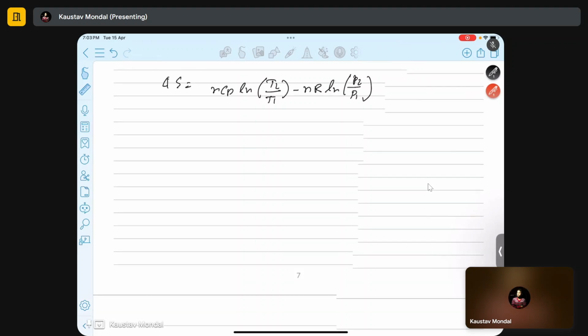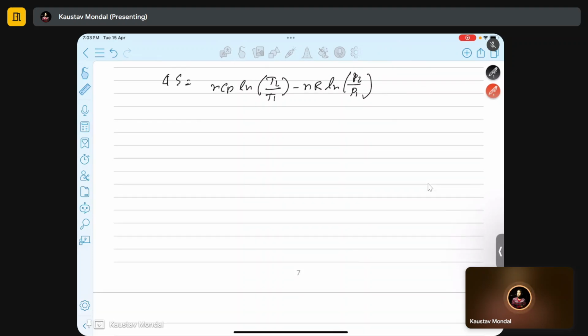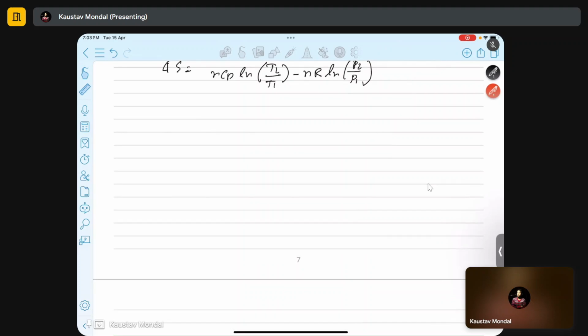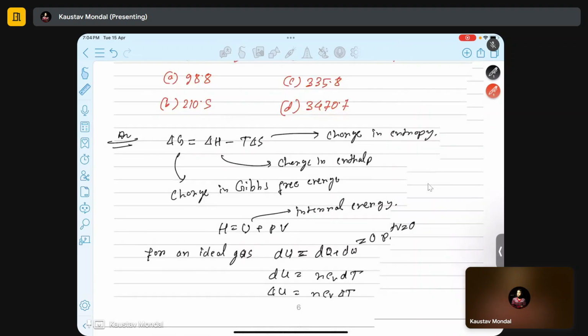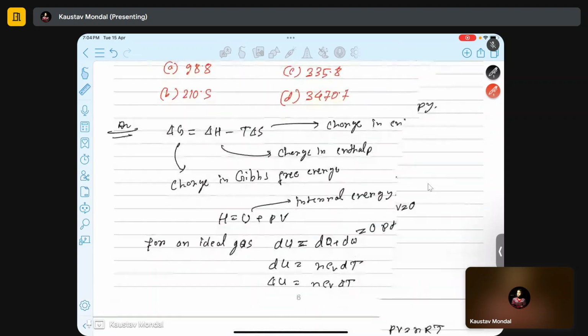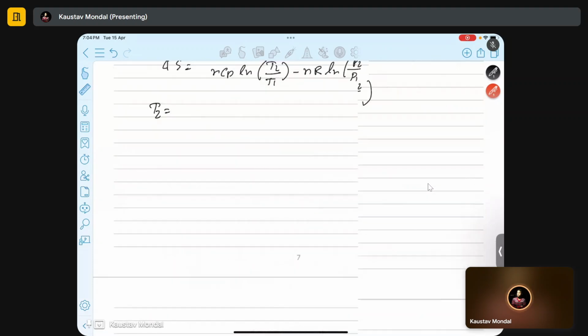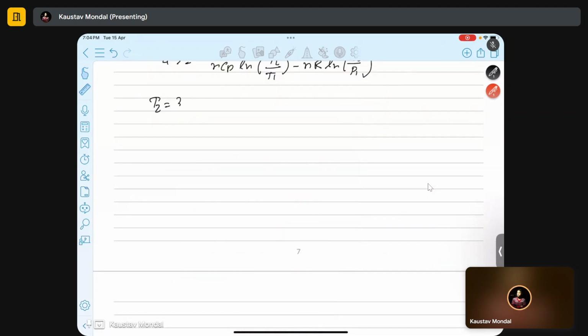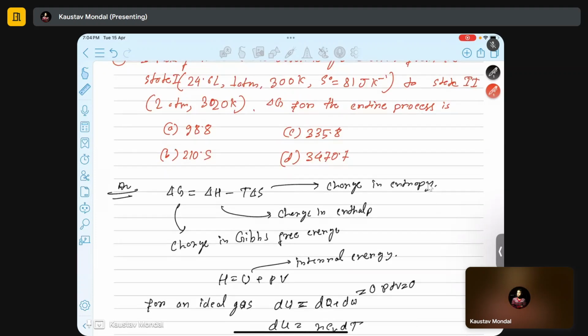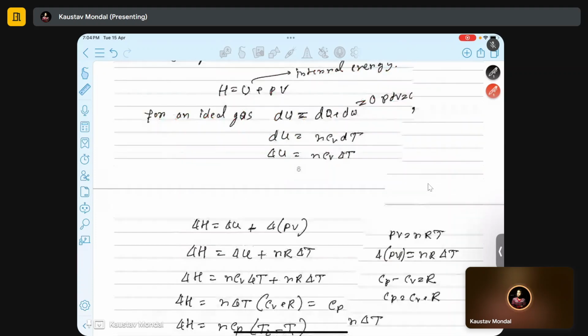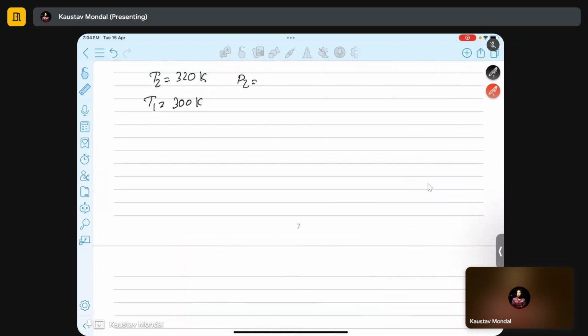Okay, so now from the problem you already know, right? T2 is 320 Kelvin, T1 is 300 Kelvin, P2 is 2 atm and P1 is 1 atm, right?